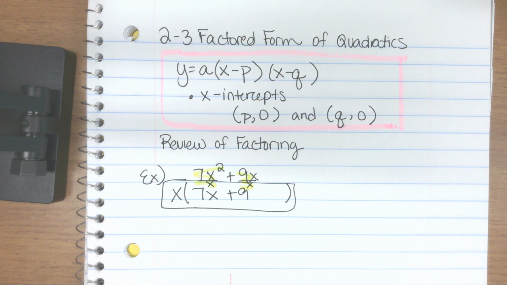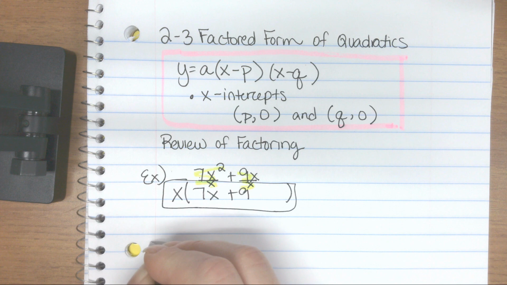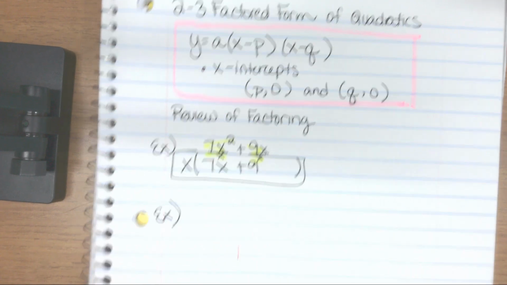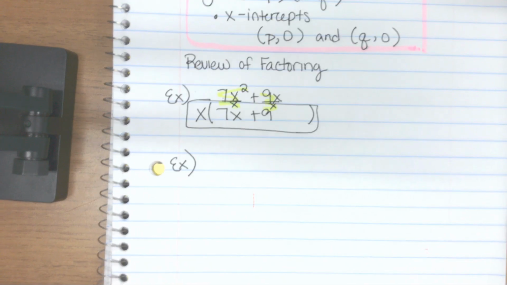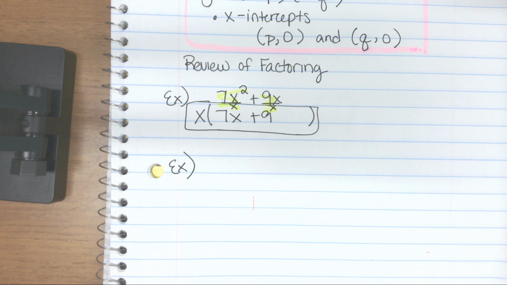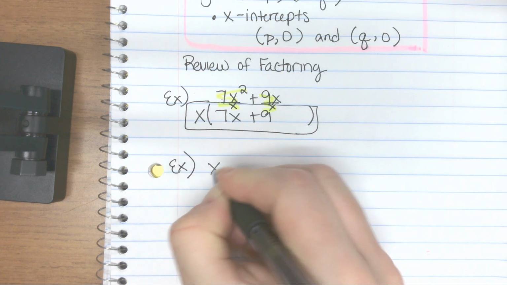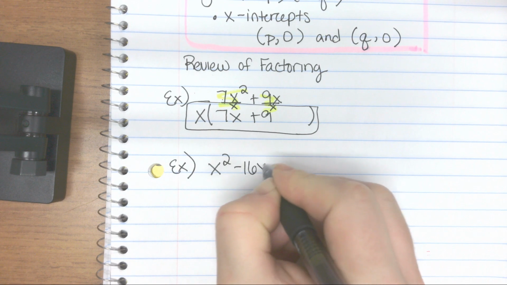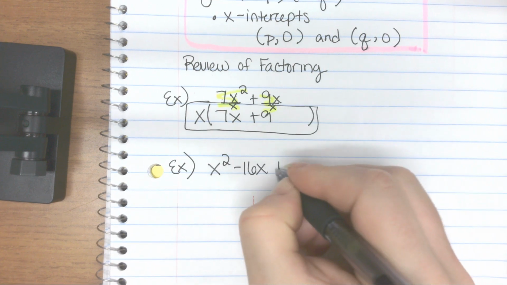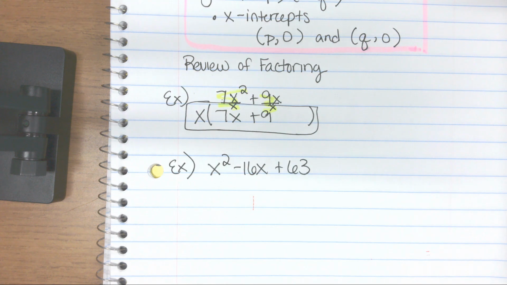After that, we have binomial factoring. Let's say I asked you to factor something like this. This is probably what we spent the most time with in algebra, I think.